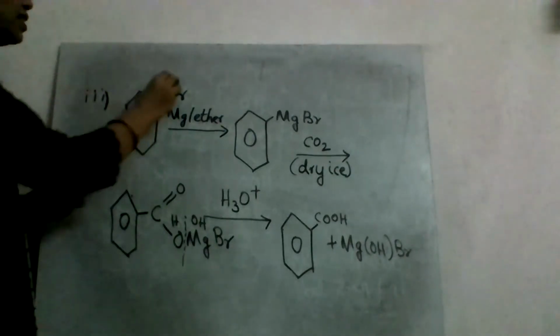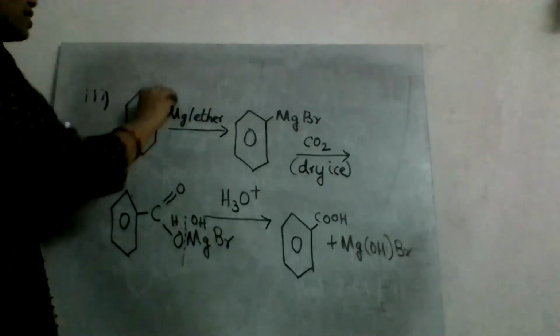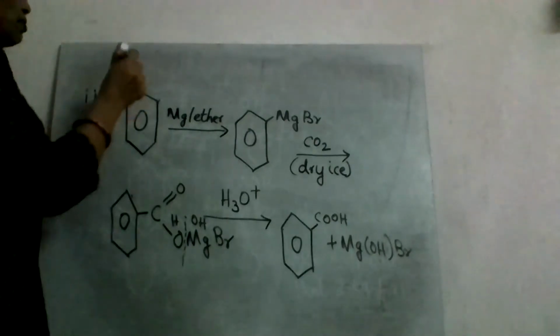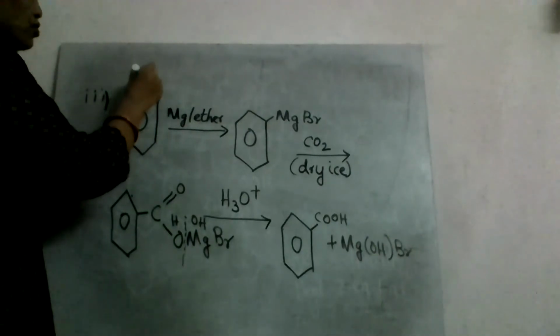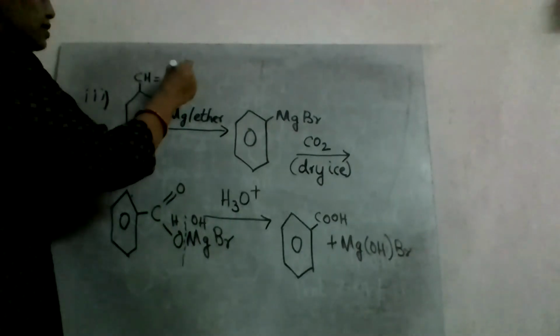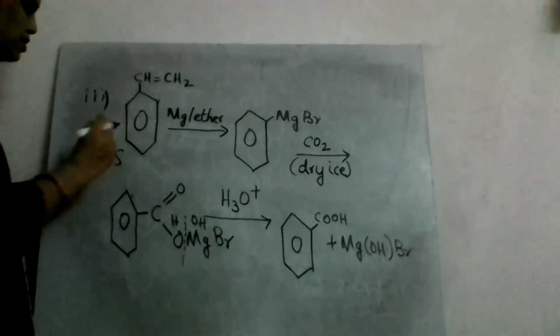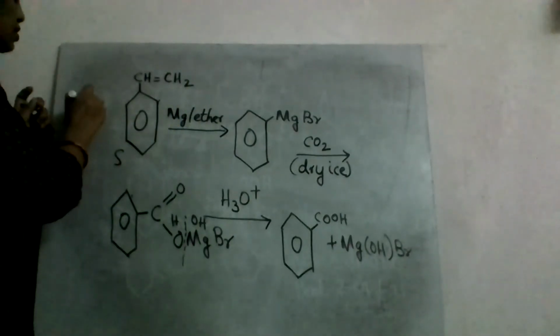Next is phenylethene to benzoic acid. So phenylethene is C6H5CH double bond CH2. This is the compound which is also called styrene. This is the fourth part of the question.